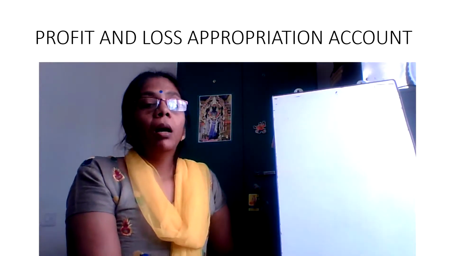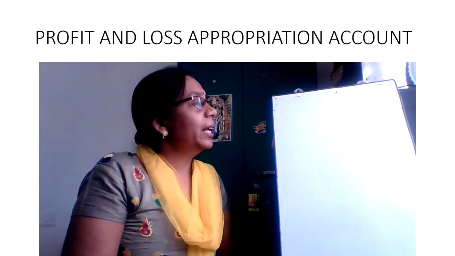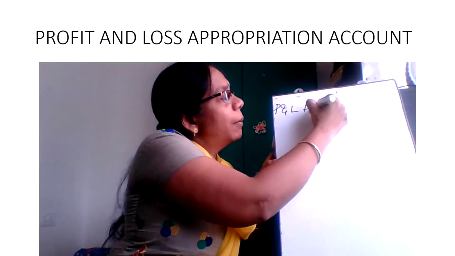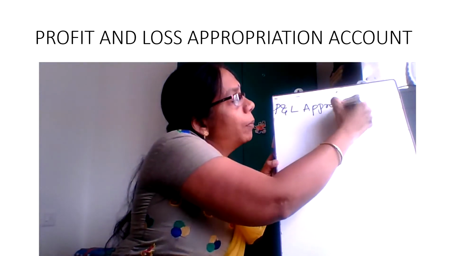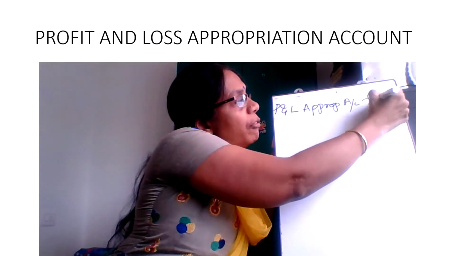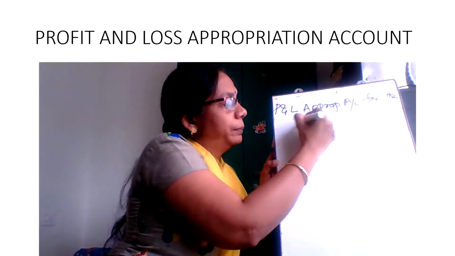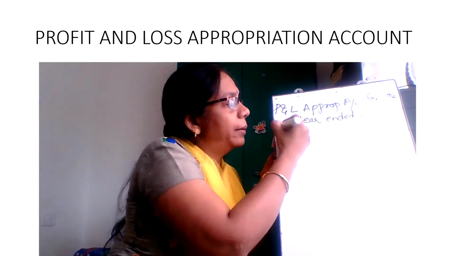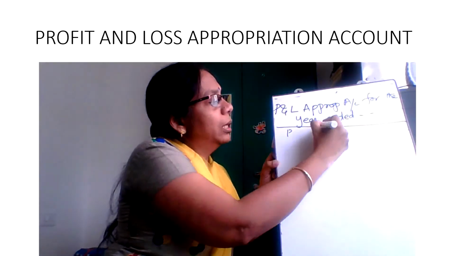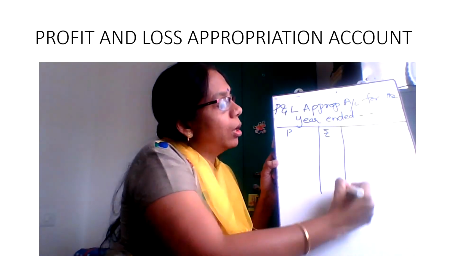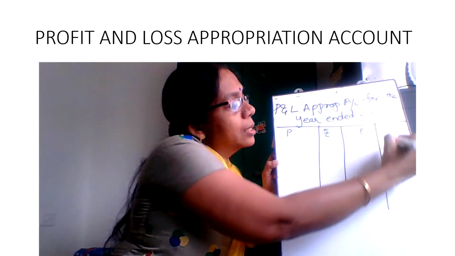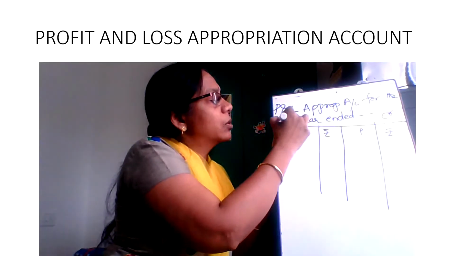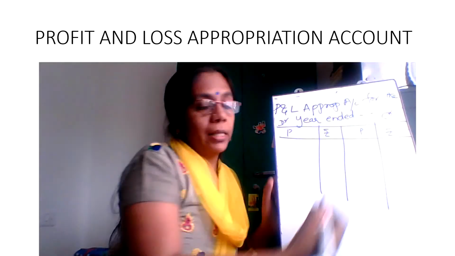So let me also give you a numerical example. So here the heading will be like this: profit and loss appropriation account for the year ended. Remember, it should be for the year ended. So here particulars, you will have a rupees column, again particulars, rupees column. So this would be your credit side and this would stand as your debit side.